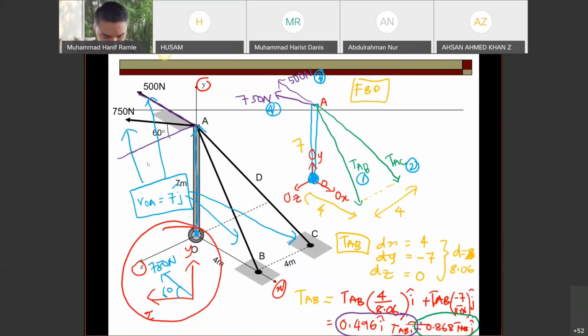Maybe you are confused about the 750 Newton. I think I have to draw it like this, or maybe like this.